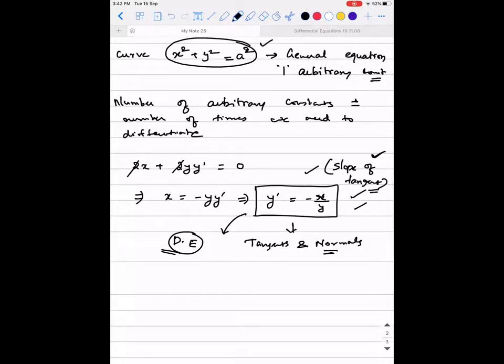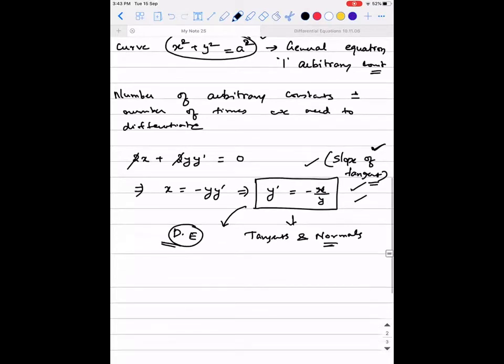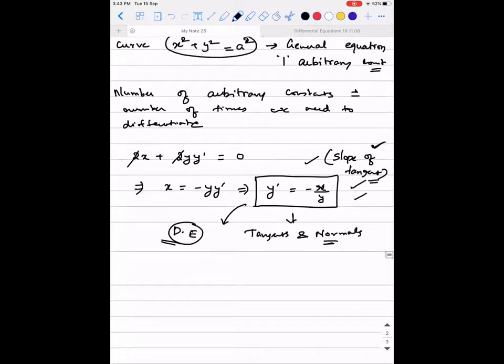Shall we do one more problem? So to form the equation, we need to check the arbitrary constants, right?